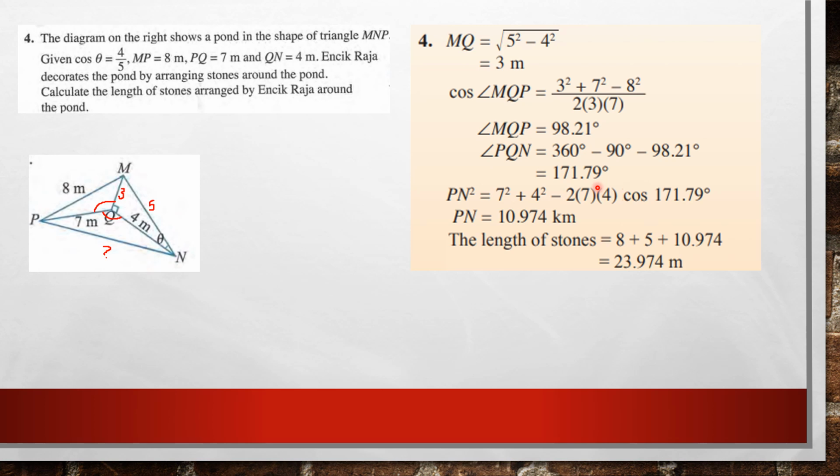By using the cosine rule again, you can find PN, the opposite side of this angle. So 7 square plus 4 square minus 2 times 7 times 4 cos 171.79. So you square root it, you get PN, 10.974. So the length of stone, we take PM 8, MN 5 plus PN 10.974, so you get 23.974.